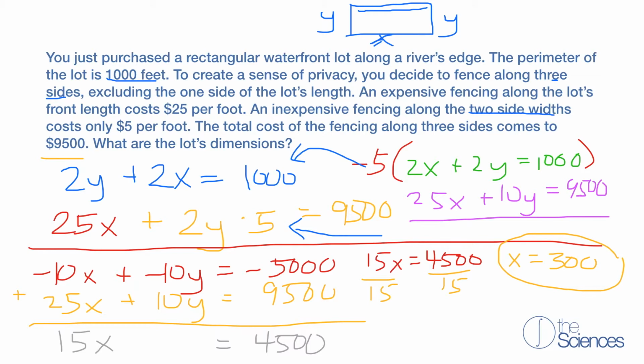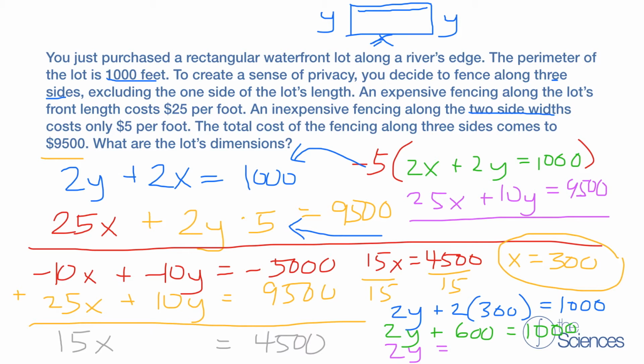So we have 2y plus 2 times 300 equals 1,000. So now we have 2y plus 2 times 300 is 600 equals 1,000. Now we have 2y equals, subtract both sides by 600, 1,000 minus 600 is 400.